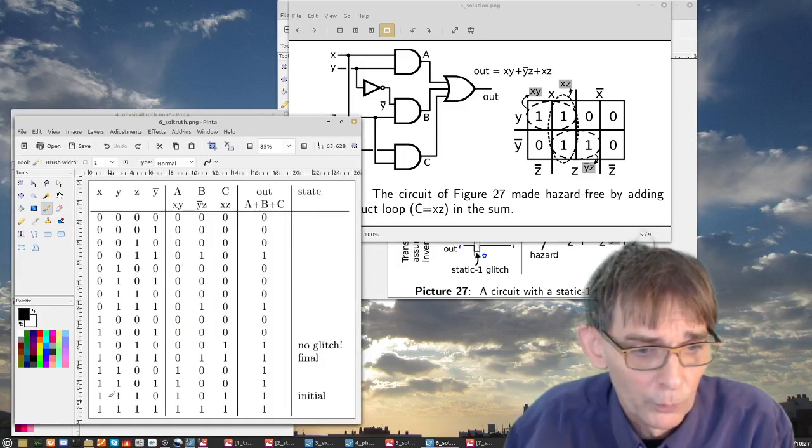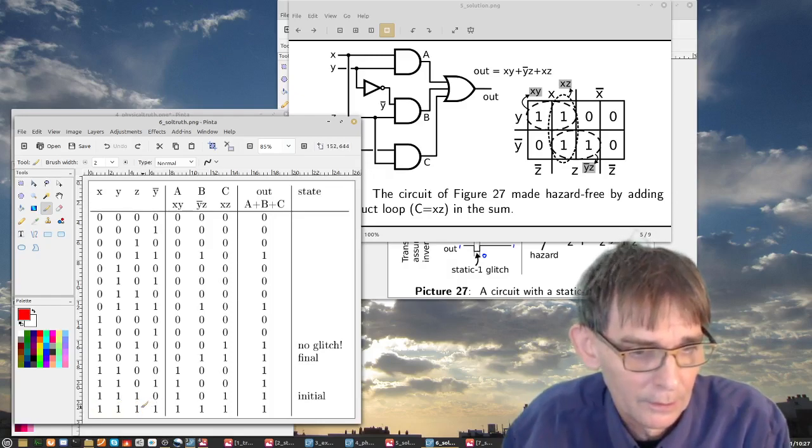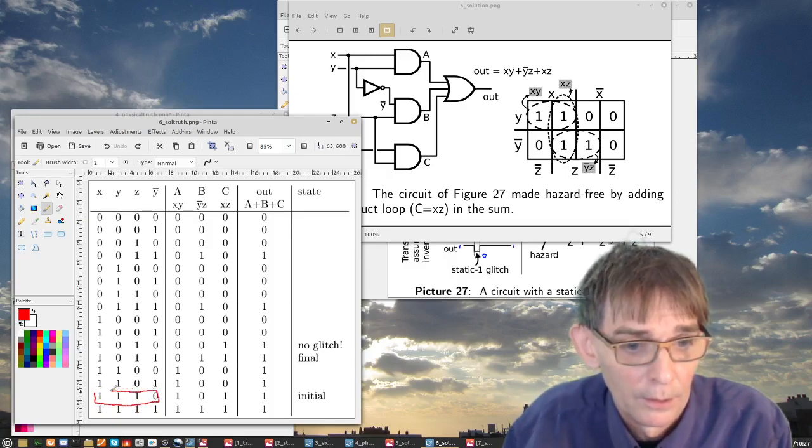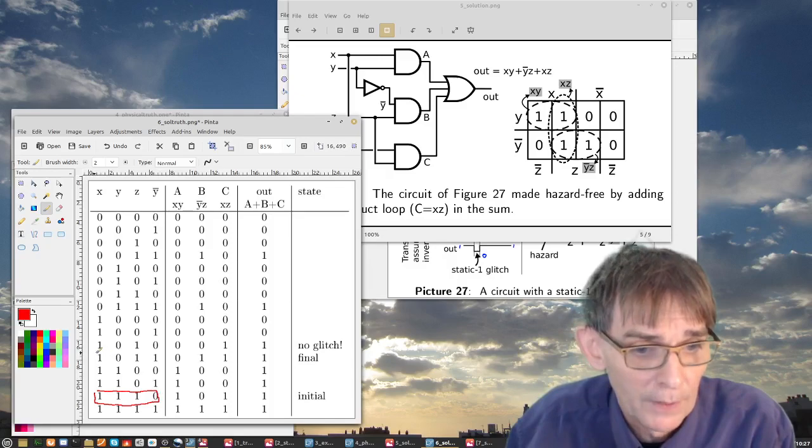We started with this initial state, that is X equals 1, Y equals 1, Z equals 1, and no, sorry, this is not the one. It's getting a little bit confusing. We go from this state, X equals 1, Y equals 1, Z equals 1, and not Y equals 0, and we go to this final state.